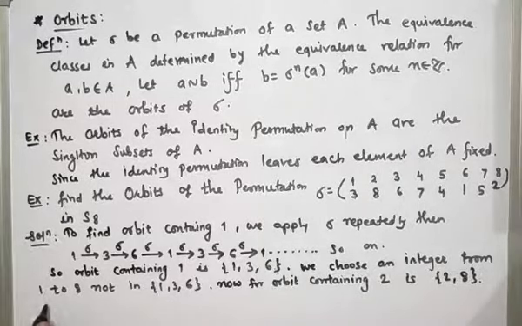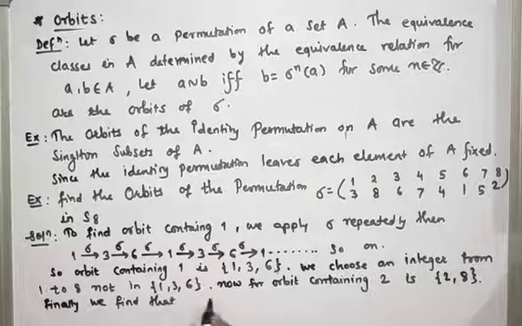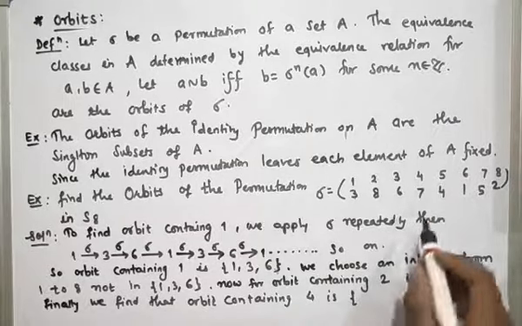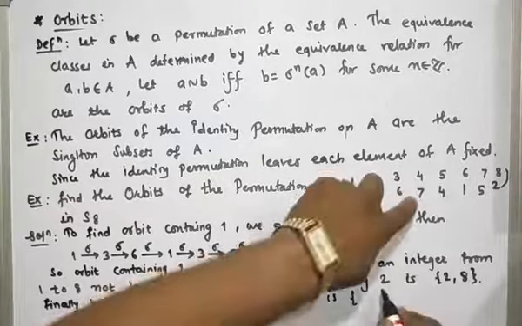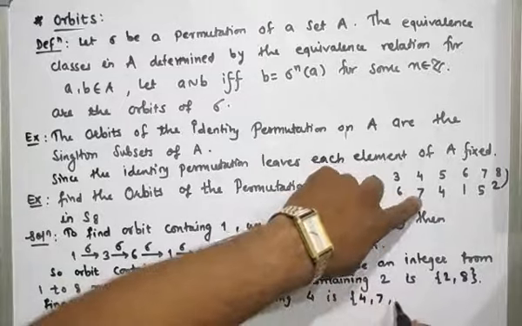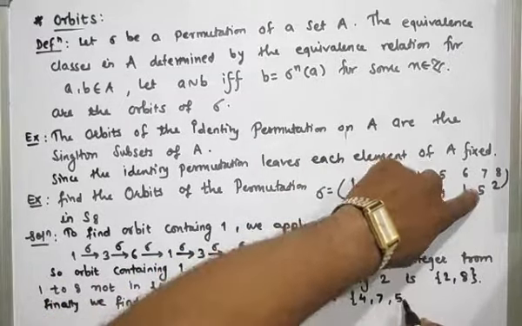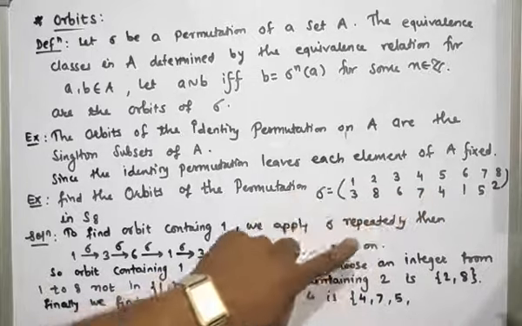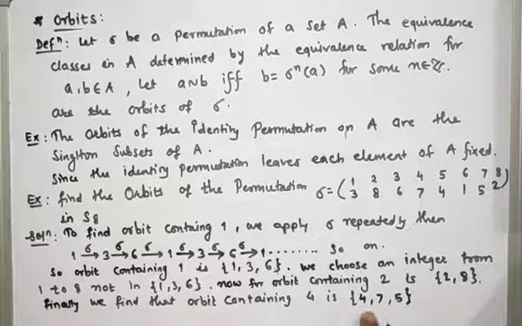So the orbit containing 4: we start from 4. 4 goes to 7, 7 goes to 5, 5 goes to 4, so 4 is there again, means elements will be repeated like this. So we have only 3 elements, 4 7 5.